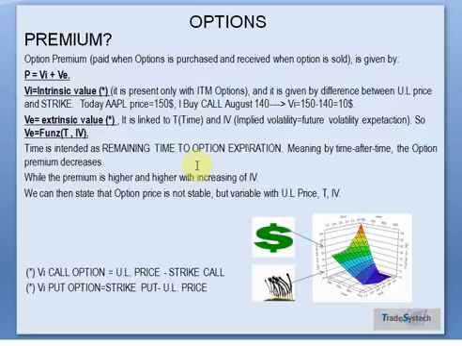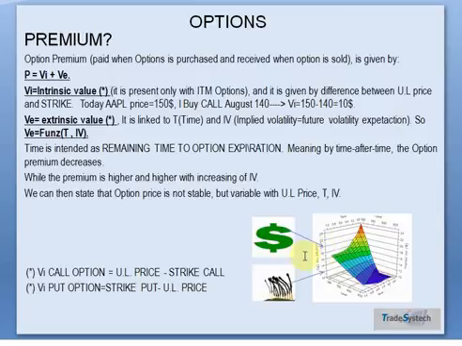If in this period there is some fear, some turbulence on the market, and implied volatility is pretty high, then the premium is much higher as well. And if in 1 week the implied volatility decreases, then the premium of the option will decrease as well. So once again, the premium, the price of the option, is definitely not static but variable with the underlying, with the time, and with implied volatility.